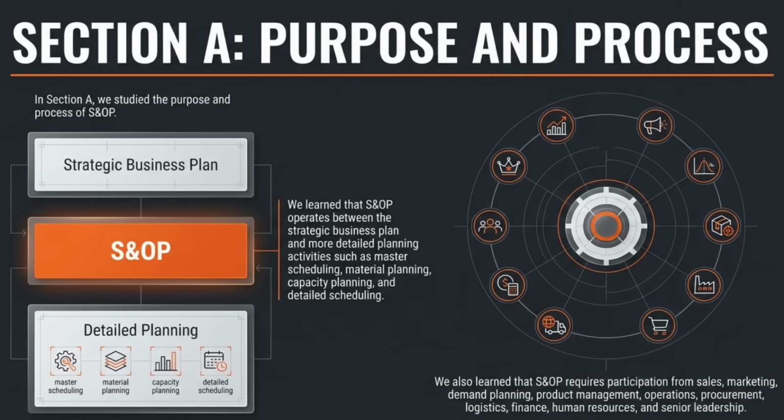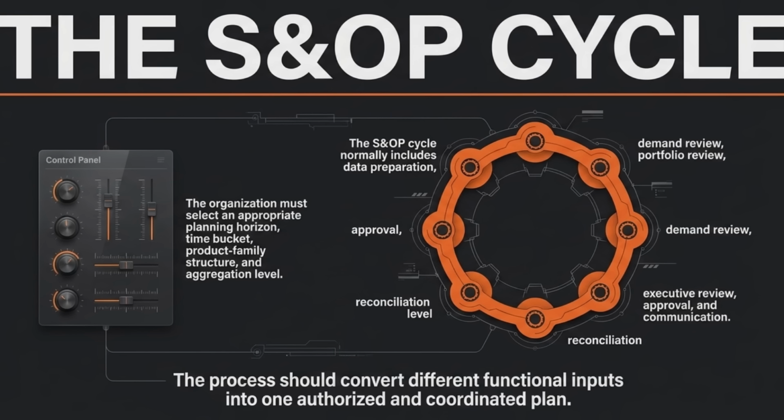The organization should select an appropriate planning horizon, time bucket, product family structure, and aggregation level. The S&OP cycle normally includes data preparation, portfolio review, demand review, supply review, reconciliation, executive review, approval, and communication. The process should convert different functional inputs into one authorized and coordinated plan.